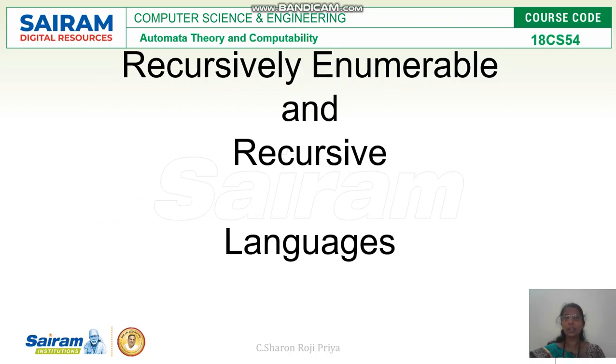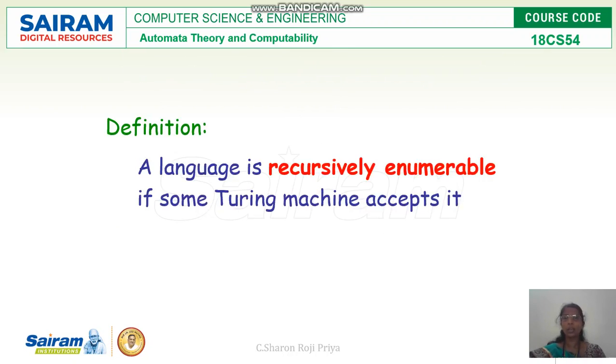Next we can see recursively enumerable and recursive languages. What is a recursively enumerable language? The language accepted by any Turing machine is a recursively enumerable language. A language is recursively enumerable if some Turing machine accepts it.